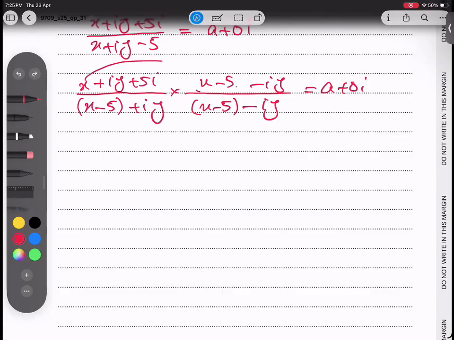And I can say x into x, x square, x into minus 5, I got minus 5x. X into this, I'm getting negative iota xy. Now this times this, I'm getting xy iota, or iota xy. This into this, minus 5y iota.